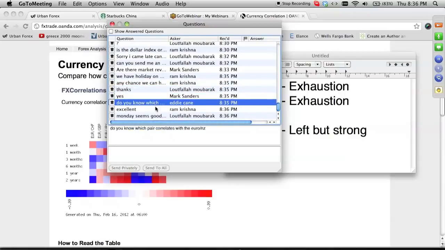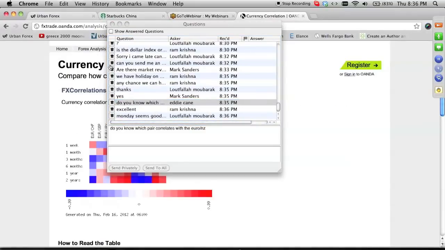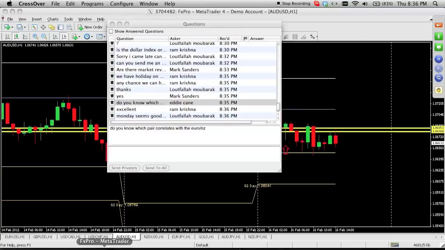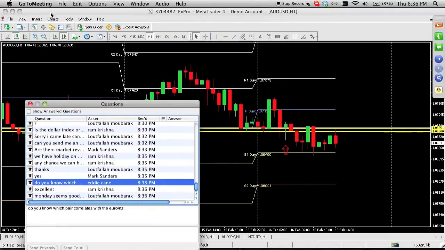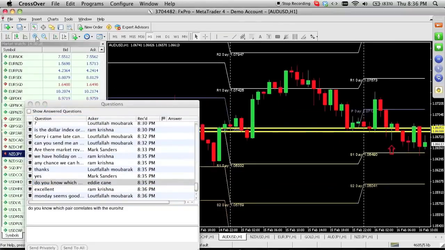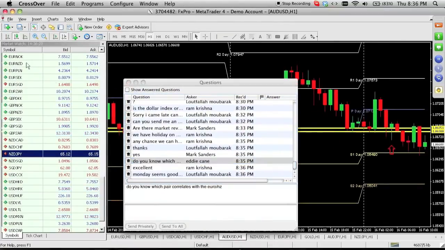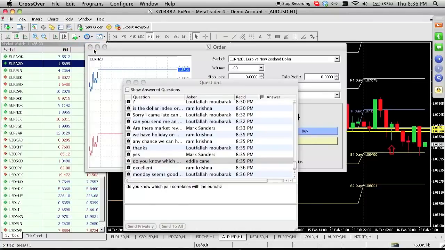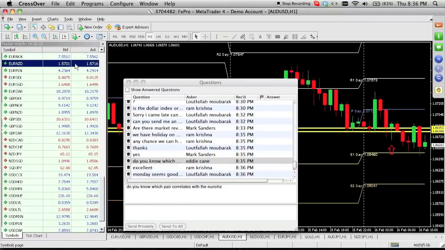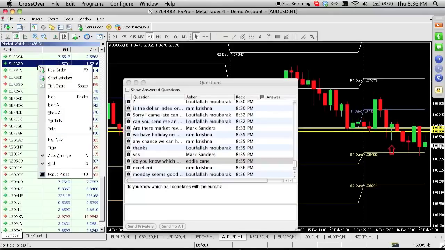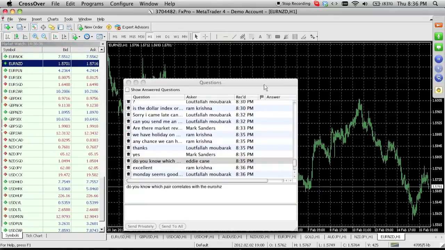Eddie, do you know which pair correlates with the Euro New Zealand dollar? You might have to look at both Euro USD and New Zealand dollar US dollar. And I believe Euro NZD is a crazy pair, if I'm not mistaken, with 15 pips of spread.